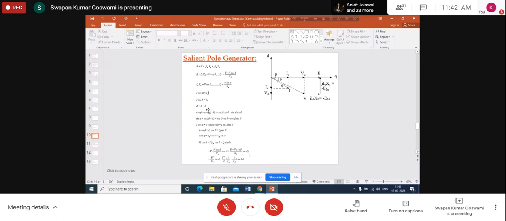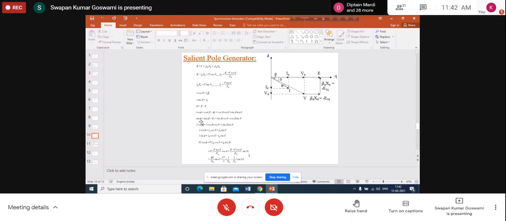Then we shall be now deriving the expression for active power. So let us find what is cos phi, because VI cosine phi is the active power. So cos phi equal to cosine of beta minus delta, means cosine beta cosine delta plus sine beta sine delta. Similarly, what is sine phi?